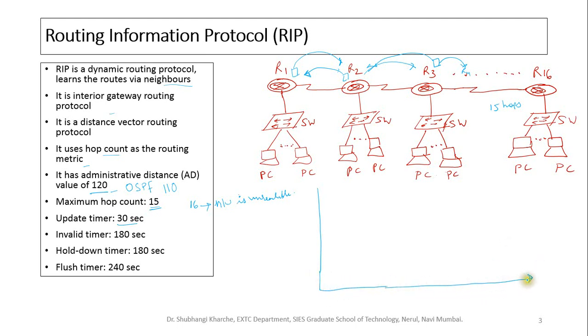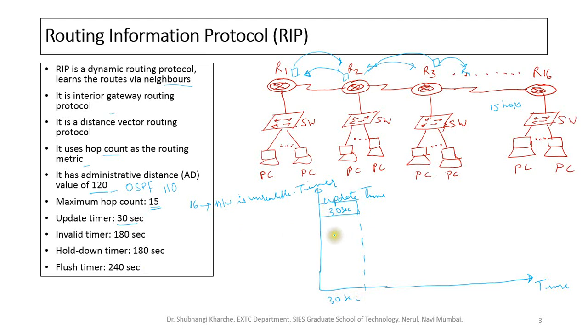So on the x-axis over here I'll mark the time, and on the y-axis over here I'll mark the timer. Every router sends the routing table updates over the interval of 30 seconds, and this timer is called the update timer. This is 30 seconds.